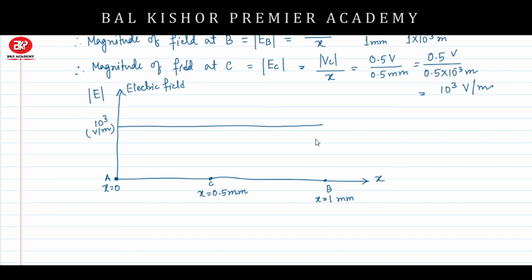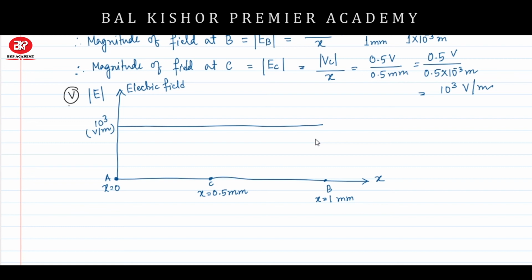Now if we want to plot the value of the potential with the distance, it will look like this. In the same graph, in black color, I can draw the potential V on the y-axis and x on the x-axis.